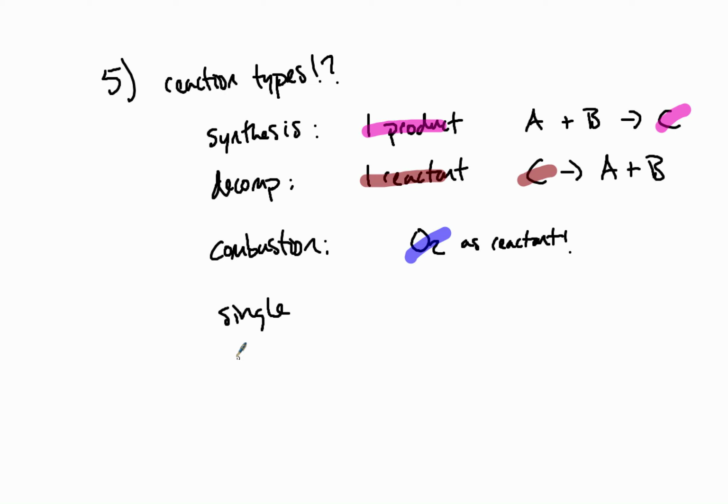And then you have single and double displacements. And I told you what to look for there. If it's single displacement, you should have two reactants, two products, and there should be a single element on both sides of the equation.